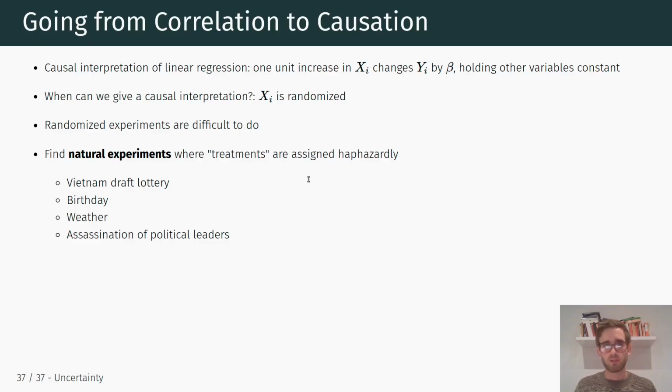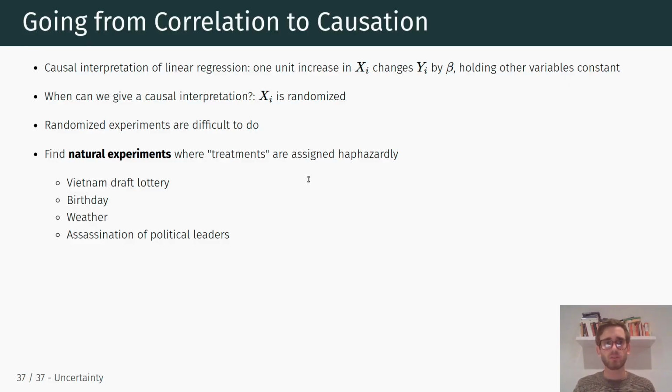Another example of natural experiments is using birthdays or weather conditions as exogenously caused events. One of the exercises in the book focuses on the assassination of political leaders as an exogenous natural experiment, essentially, right?